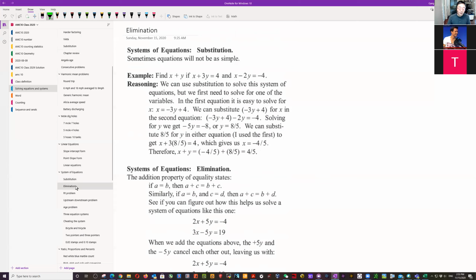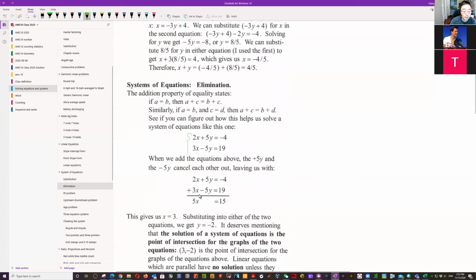With elimination, you are trying to gauge which variable is easier to eliminate. For example, in those two equations I can eliminate either x or y, but obviously eliminating y is easier, because if I just add them together, I can eliminate y.